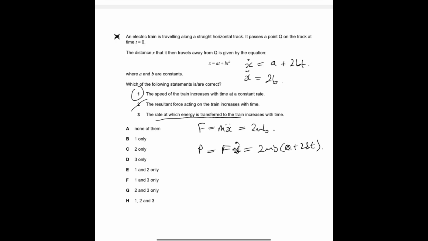Yeah, so it increases with time because that's 2amb plus 4mb squared t, and 4mb squared is positive. So yeah, this is true. So 1 and 3 are the only true ones.